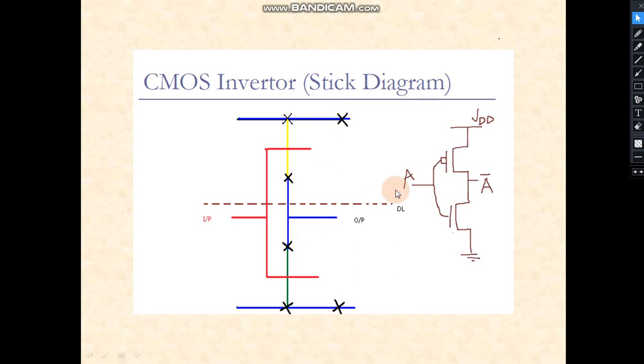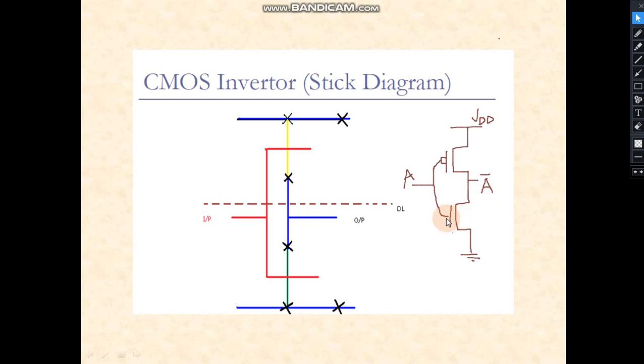Then this NMOS. In CMOS designing, our first aim is to draw the NMOS portion. Remember this point. First, we will sketch only the NMOS region, and the opposite we will implement for PMOS. So the NMOS diffusion line is green. We have to make one transistor.